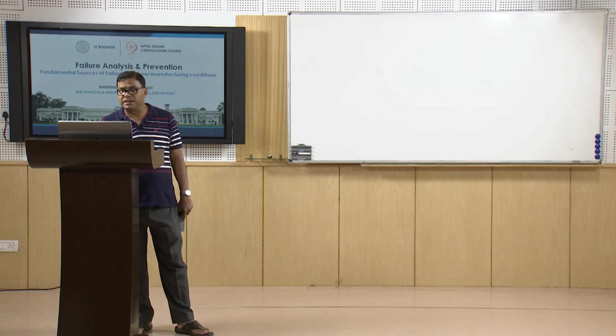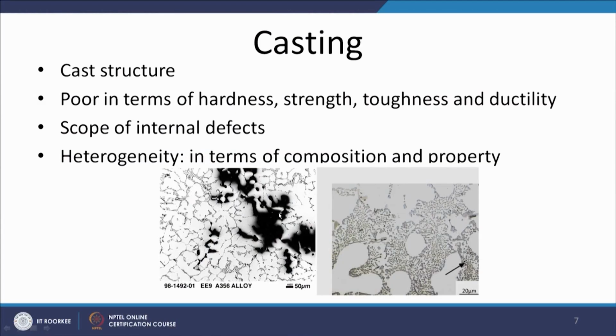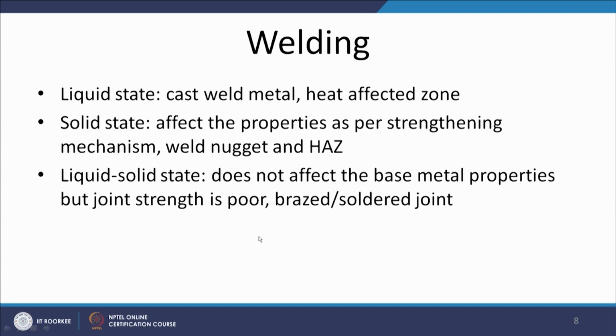This is one typical example wherein the inclusions and the pores are left inside the casting, while all around we can see a good dendritic structure, but there are some impurities and shrinkage pores which have not been filled in, and these discontinuities will act as a source of stress concentration which will promote the nucleation and growth of cracks. Both of these show the typical dendritic structure. This is the sound one, and this is where some discontinuities and defects are present in the casting.